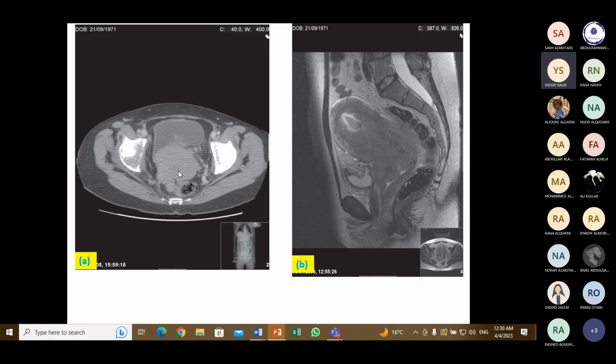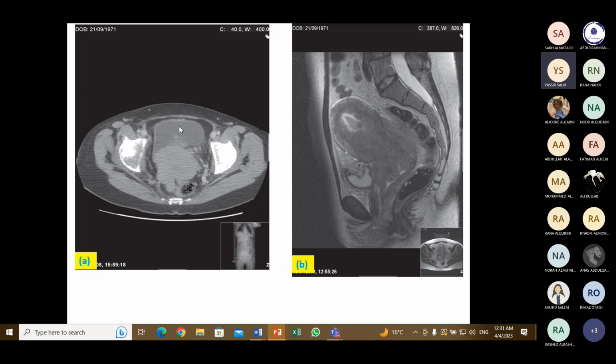What is this? What is this imaging technique? CT. Which plane? Is it sagittal? Axial.